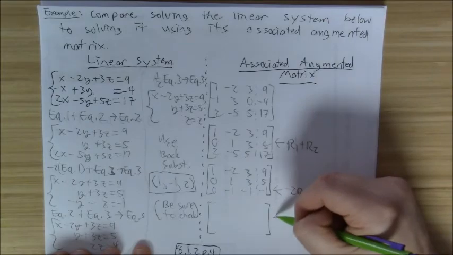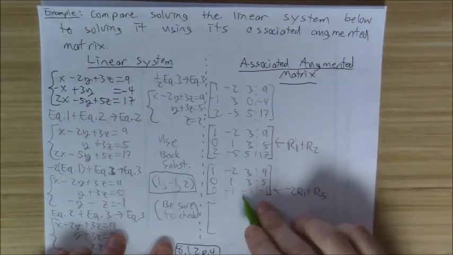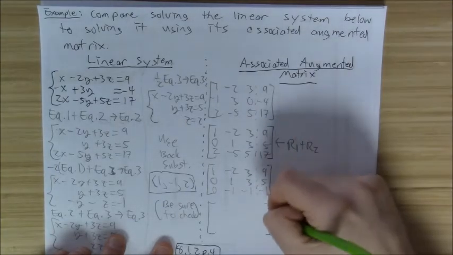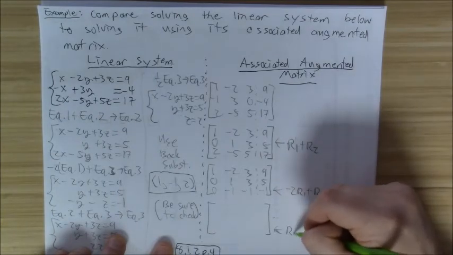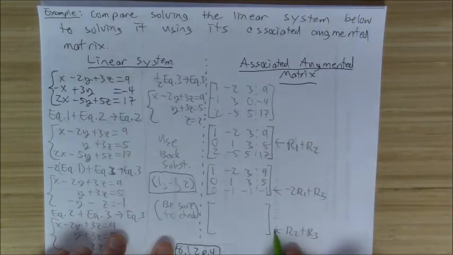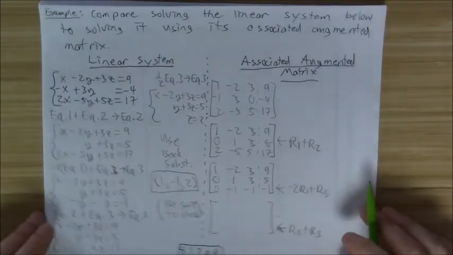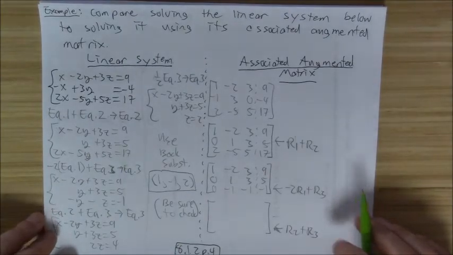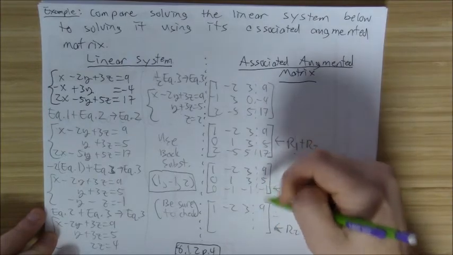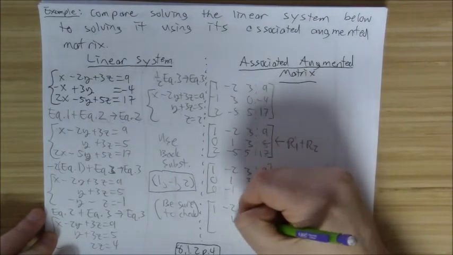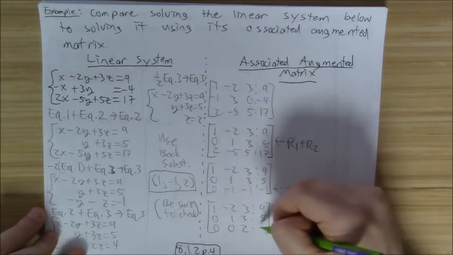To eliminate the negative 1 in the middle entry in the bottom row, I would take R2 and add it to R3 to get a new R3. That's why my arrow points there. So the arrows point to the row I'm changing. And so I have 1, negative 2, 3, 9, 0, 1, 3, 5. Then I'd have 0, 0, 2, 4.